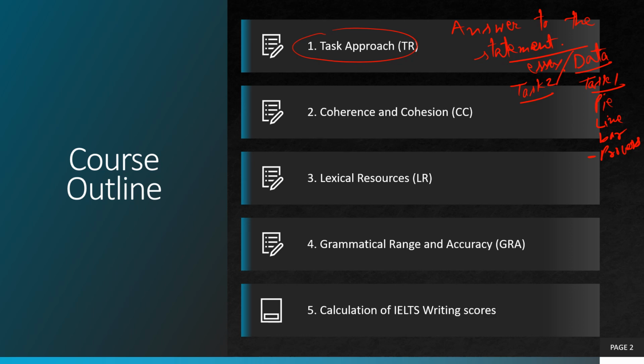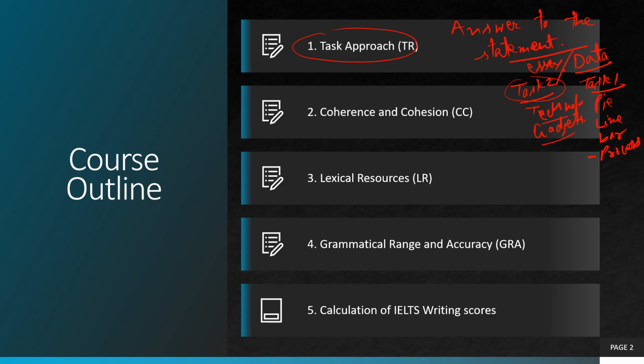It could be about the latest technology, or technical gadgets, and many other things which can be included in task 2. So task approach is how you are answering the statement.